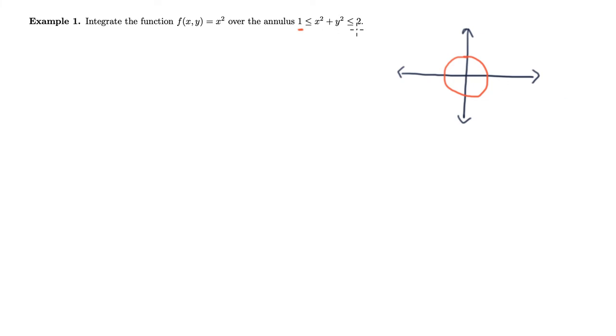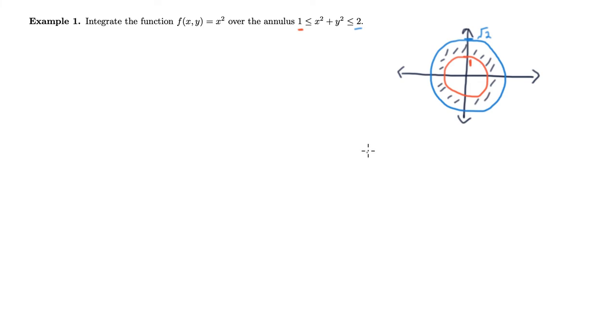And then on the outer side of the annulus, x squared plus y squared equals 2, a circle of radius square root of 2. The region is really in between here. So it's exactly what I said: it's a donut, but flat in the plane.